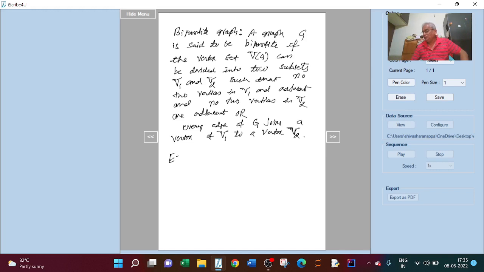Examples. We write an example here. G, take 1, 2, 3, A, B, C. See, this is a bipartite graph.